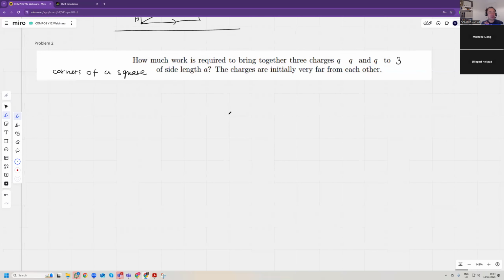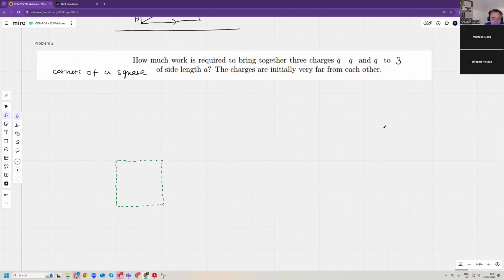How much work is required to bring together three charges into the corners of a square of side length A? The charges are very far from each other. So there's an imaginary square, and we need to bring three charges.